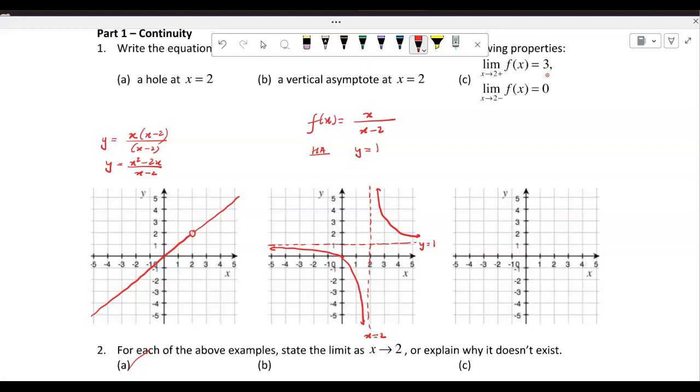And x tends to 2 from the negative side is approaching 0. I'm drawing any shape, doesn't matter. Here. And so there will be a hole because it's not defined at 2.